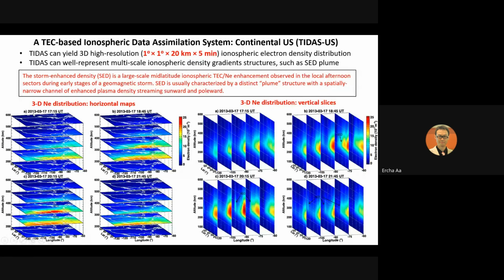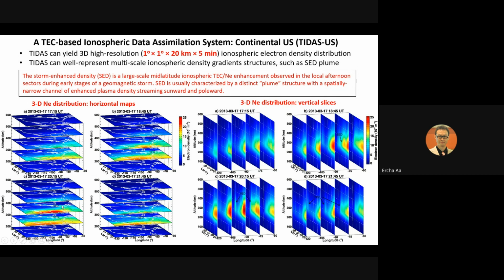That's the 2013 St. Patrick's Day storm. That's the electron density distribution at different altitudes. These are horizontal maps. These are vertical slices. So we can see that TIDAS can well represent multi-scale ionospheric density gradients, for example, the storm-enhanced density plume, the SED.